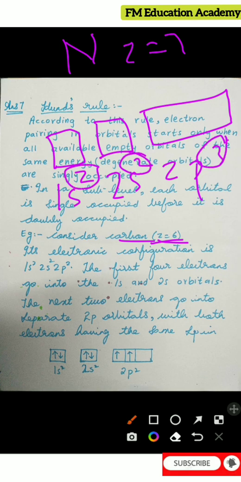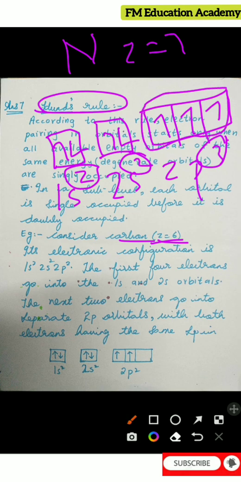So 1s has 2 electrons, 2s has 2 electrons. Then for 2p3 we have 3 orbitals. In this, 1 will be filled, then 1, then 1. It will not leave any orbital empty. Do we have any orbital remaining empty? No. In each orbital, 1 electron is occupying. That is the meaning of Hund's rule.